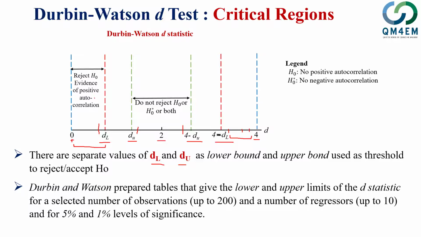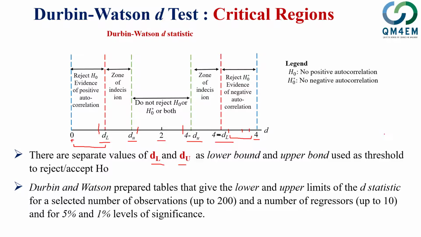Similarly, in the range 4 minus DL to 4, a value within this range shows that there is a negative autocorrelation. And then there is some range left between these intervals. We call this the inconclusive zone, a zone in which we can't decide whether there is an issue of autocorrelation.